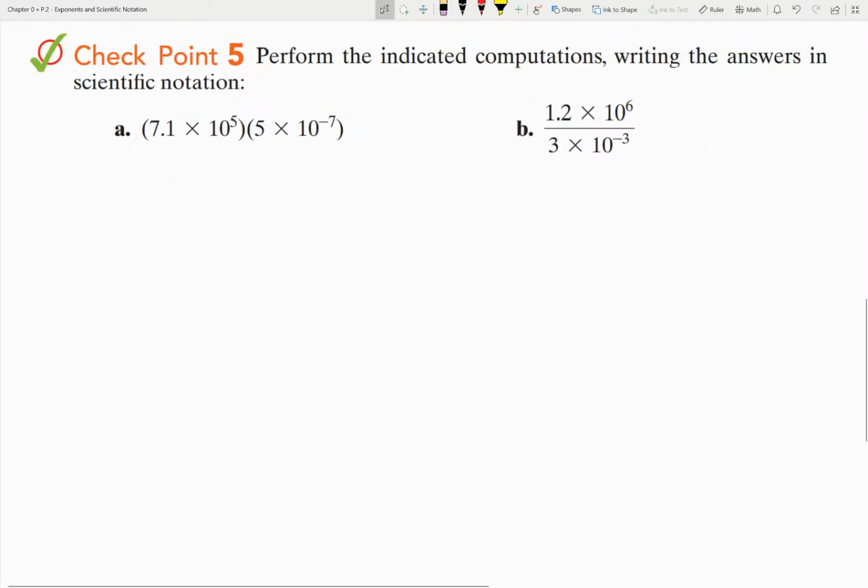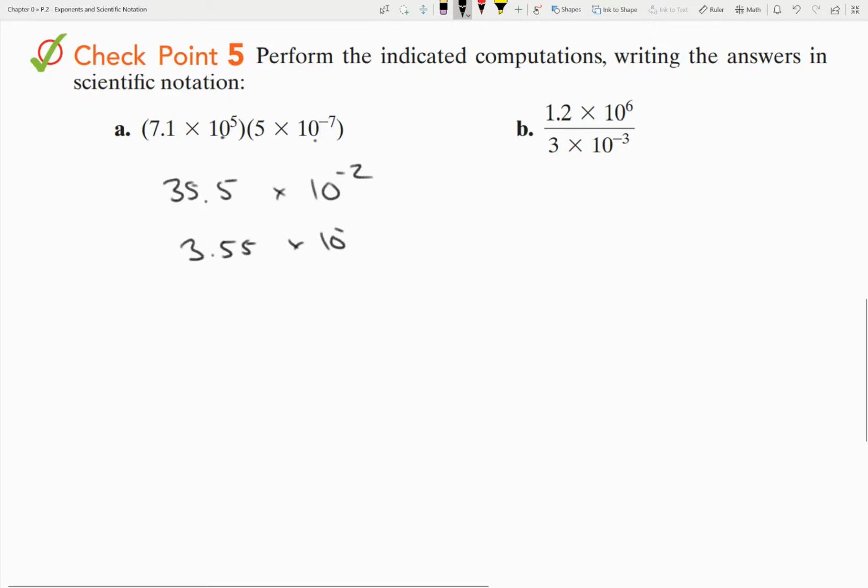Okay, so yeah, good. B's pretty much the same. So 7.1 times 5 gives me 35.5 times 10. Add these two together to the negative 2. When I move this to the left, I get 3.55.